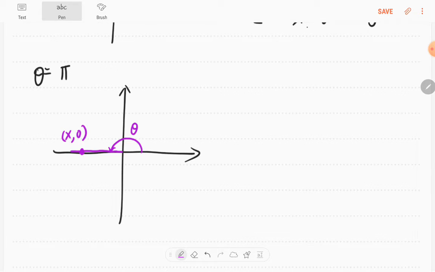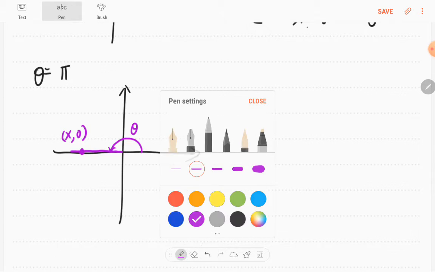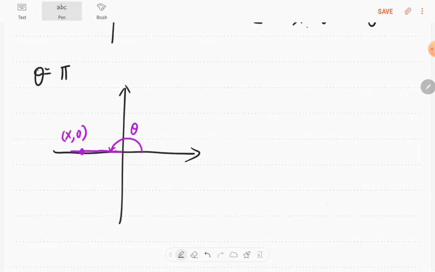But keep in mind this x is negative. So our distance from this point to the origin is the absolute value of x. Since x is negative, the absolute value is always positive, so r is equal to negative x.